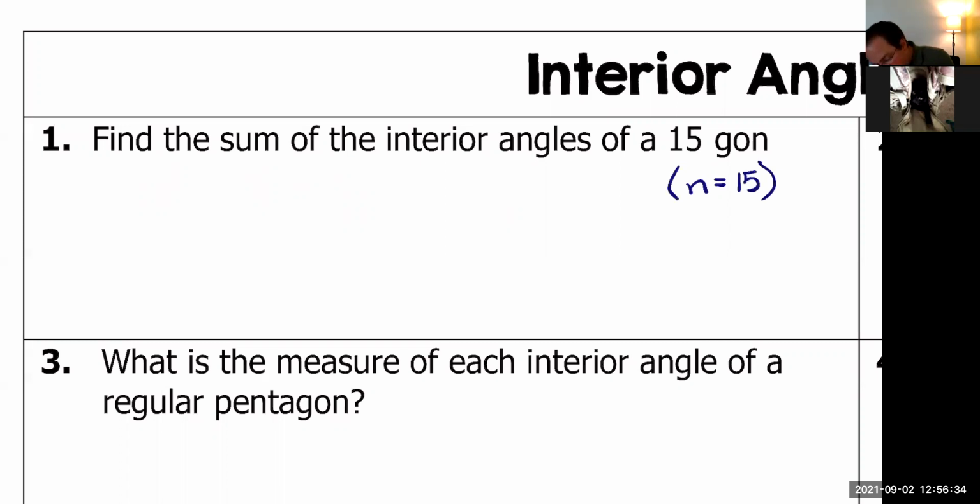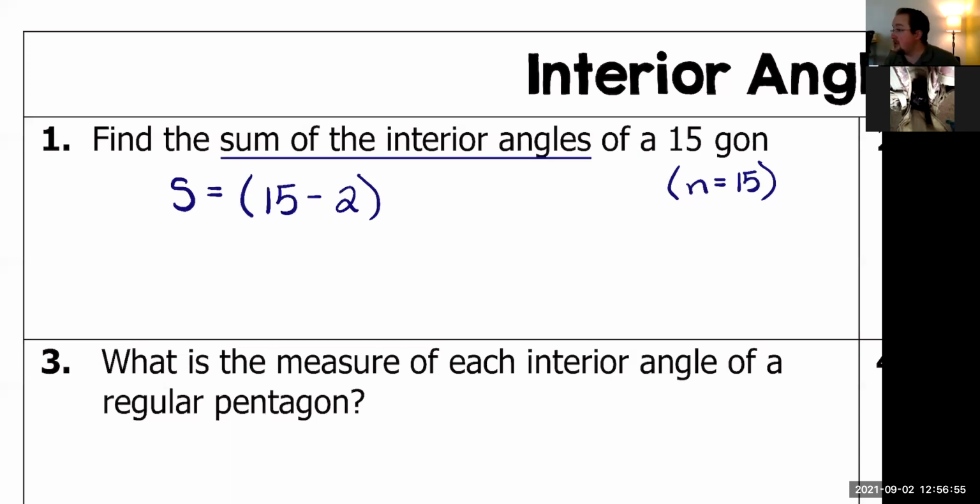And it is asking me for the sum of the interior angles, not a single interior angle. So we have a formula for that. S equals, in parentheses, the number of sides, which is 15, minus 2, because that gives me how many triangles are in that shape, times 180.